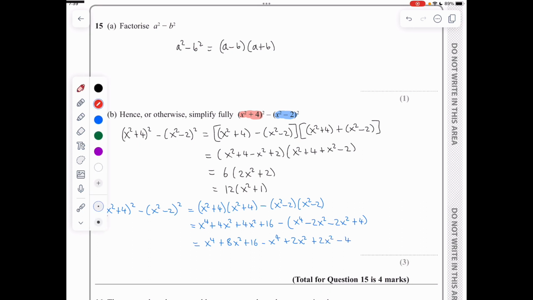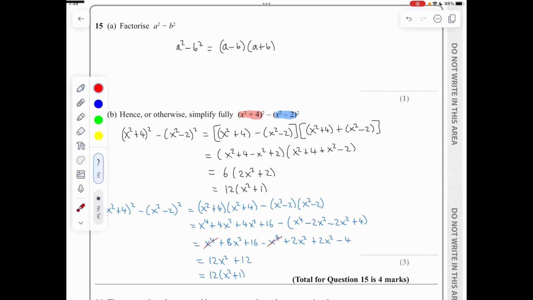We notice that the x to the power of 4 term will cancel out. I've got 8x squared plus 2x squared plus 2x squared, which is 12x squared plus 12. If I want to proceed into factorizing, it's going to be again 12(x squared plus 1).